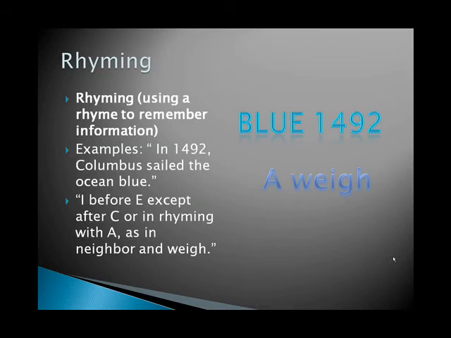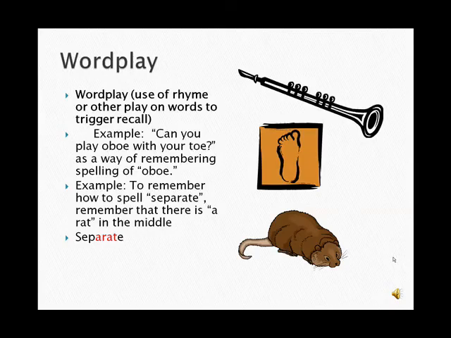Rhyming is another type: using a rhyme to remember information. Examples: "In 1492, Columbus sailed the ocean blue," or "I before E except after C, or in rhyming with A as in neighbor and weigh." Wordplay is the use of rhyme or other play on words to trigger recall.